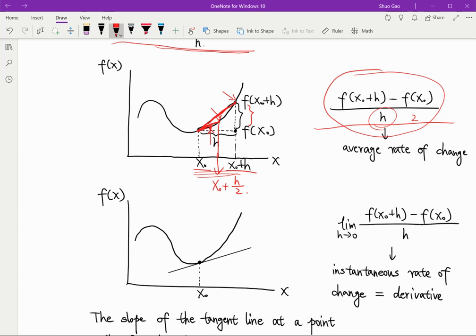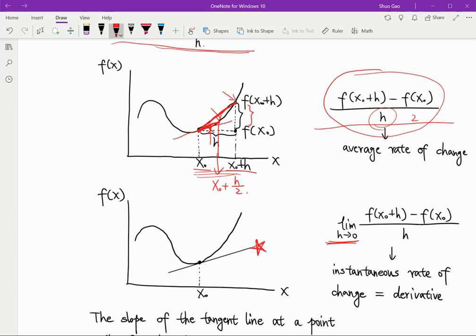If we draw the line between them, the line will be closer and closer to the curve. So in the extreme, when h is very, very close to 0, the two points are very, very close to each other, and if we draw a line between them, the line is just like this.